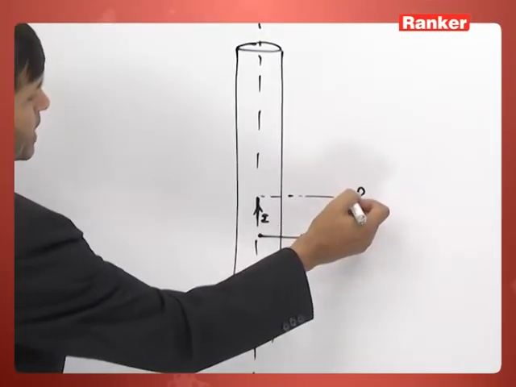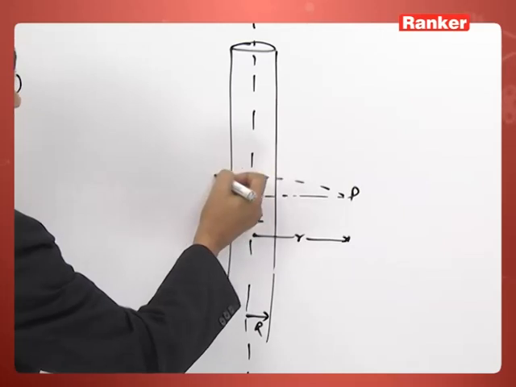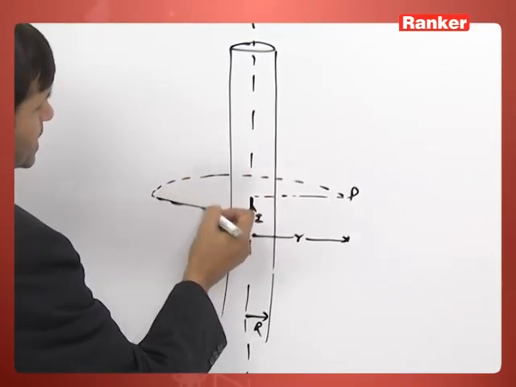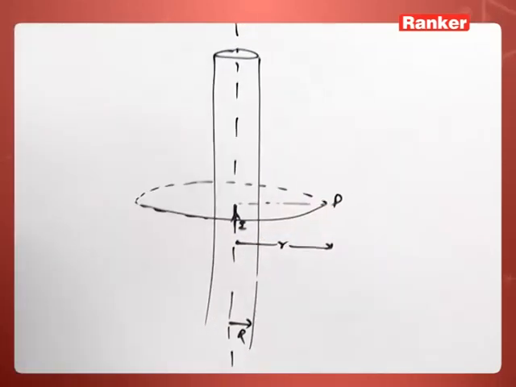When we make our Amperian loop, here also it is a circular Amperian loop.